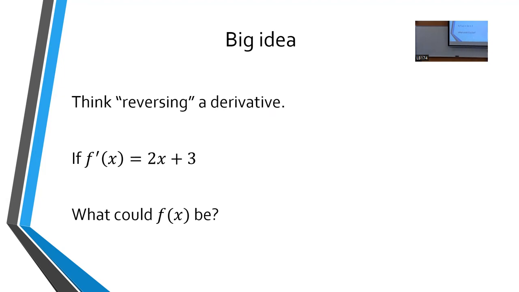So what that means is we're reversing the concept of taking a derivative. So if I knew I have this function and I know the function's derivative, f prime of x, is 2x plus 3, what could the original function be?